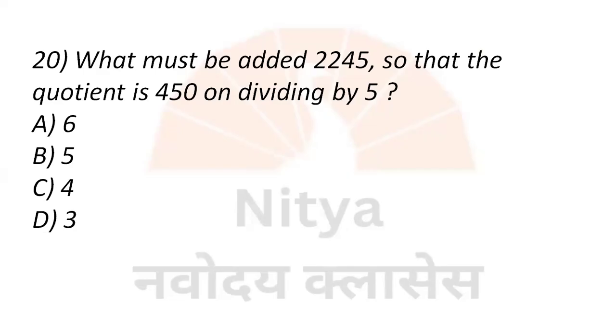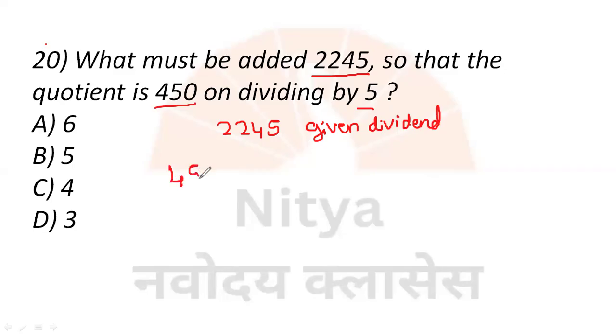So what we have to do is, what must be added to this number? 2245 is the given dividend. The quotient is 450 and dividing by 5. We have to find out the new dividend.